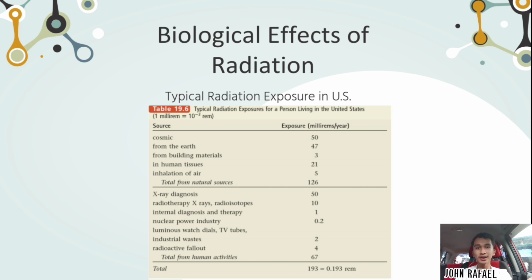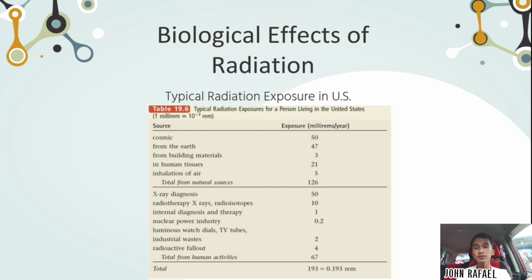So next is X-ray diagnosis, which has 50 exposure. Radiotherapy X-rays and radioisotopes has 10 exposure. Internal diagnosis and therapy has 1 exposure. Nuclear power industry, luminous watch dials and TV tubes has 0.2 exposure. Industrial waste has 2 exposure.